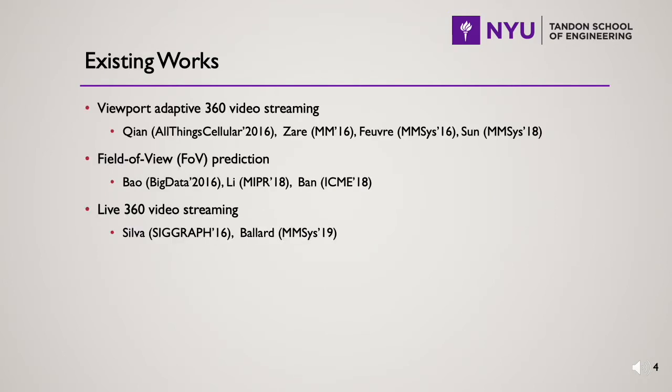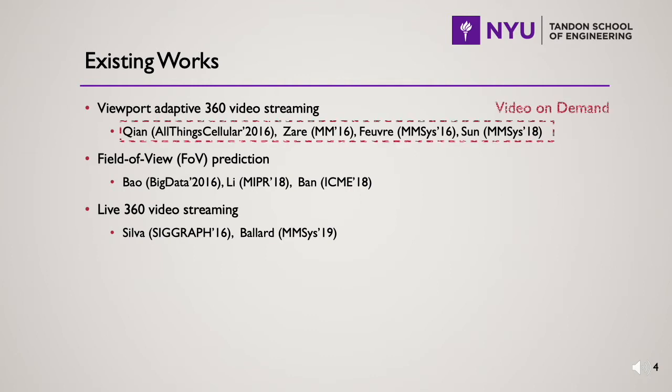To handle the challenges, several works have been proposed in recent years. Viewport adaptive streaming can solve the bandwidth challenge efficiently, but these works are all about video on demand, not for live. To support viewport-based streaming, FOV prediction is necessary.